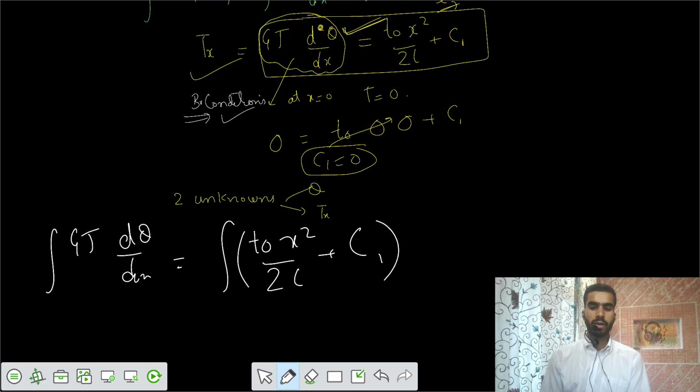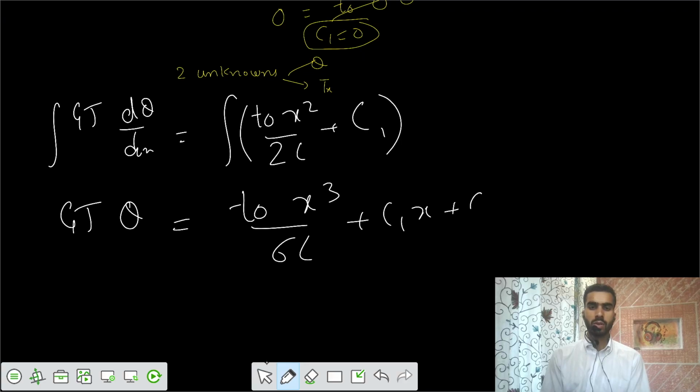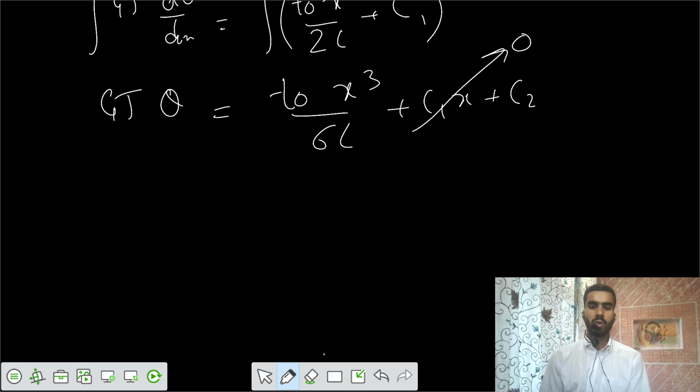Integrating once more with respect to x, I would get GJ theta equals T naught x cubed by 6L plus c1 x plus c2. We know that c1 was equal to 0, so c1 is 0. Then we can get the value of c2 from one more condition.